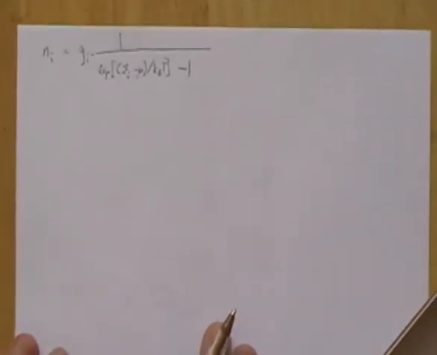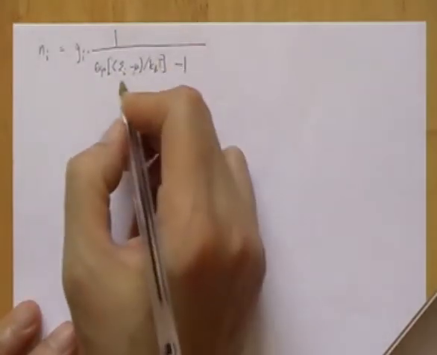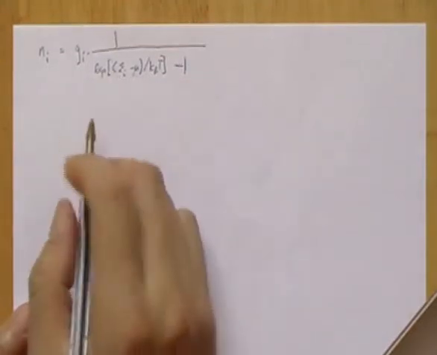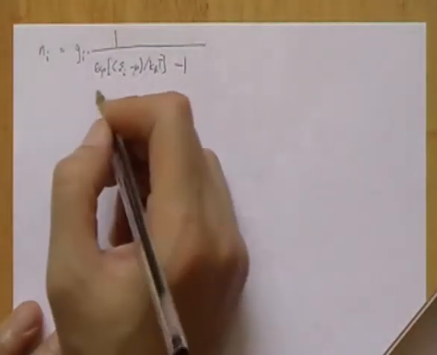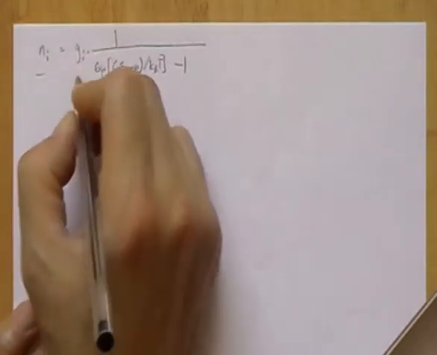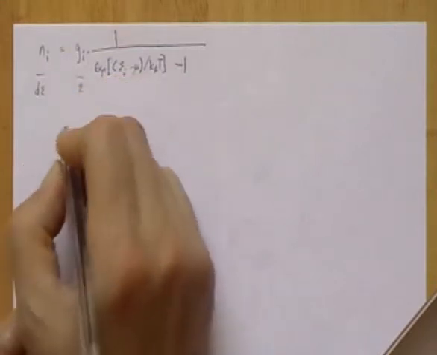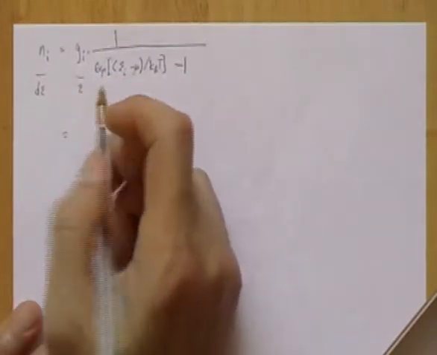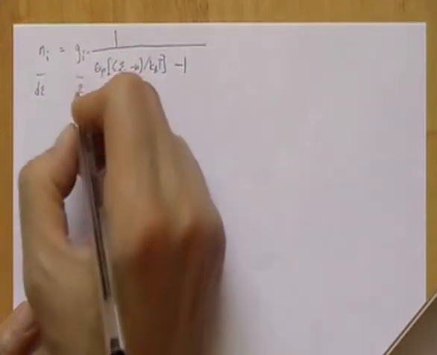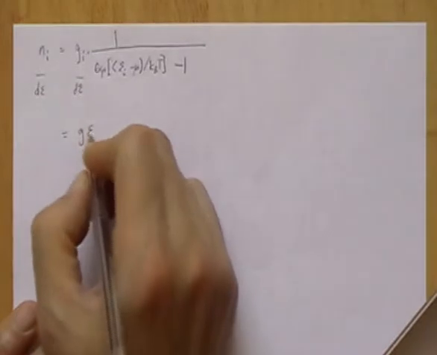So that means that I can now replace E_i by just E. The other thing I would do is divide both sides of this equation by dE, because I know that the number of states in the interval divided by that interval is the density of states, which we know.